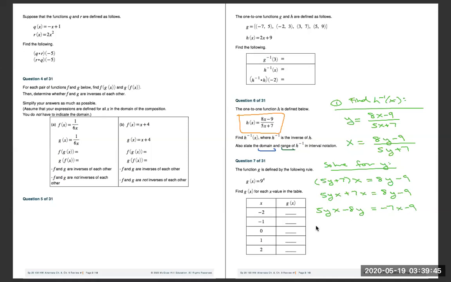Factor y out. And then divide both sides by 5x minus 8, the quantity. Okay. That is our inverse function. So the last step, change that to h inverse of x.